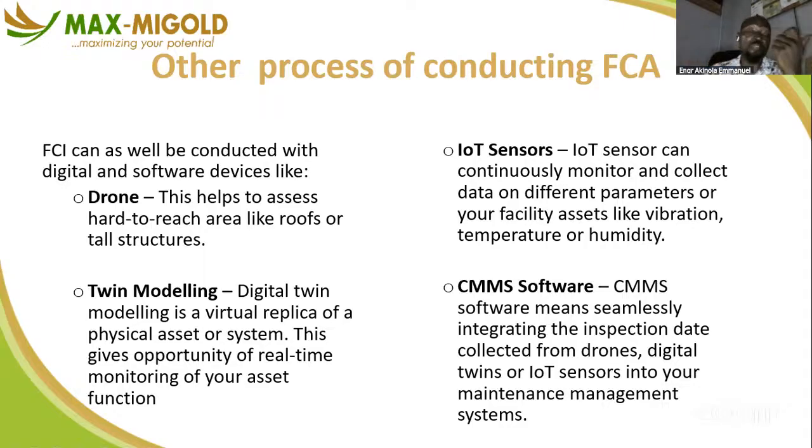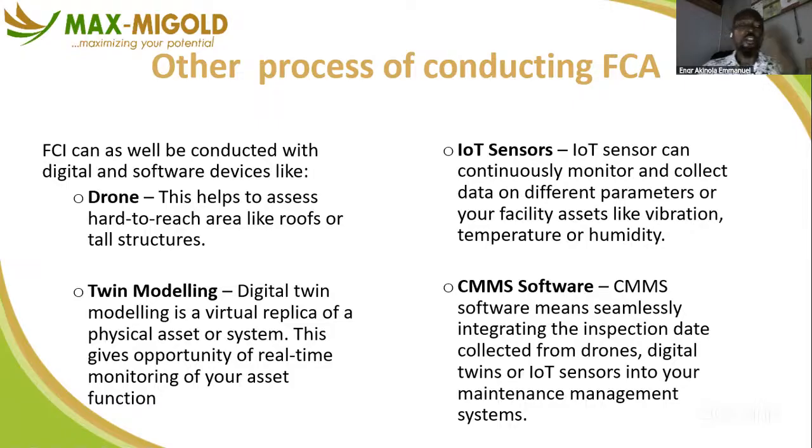Then software, CMMS software. CMMS I already explained to us last week when we discussed facility condition assessment. When we discuss asset management, we talk about CMMS and we talk about CAFM. I said your CAFM is like the mother, while CMMS is just like a child under it. Your CAFM is computer-aided facility management, and your CMMS is computerized maintenance management system.